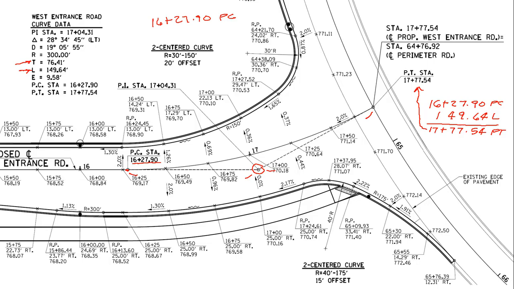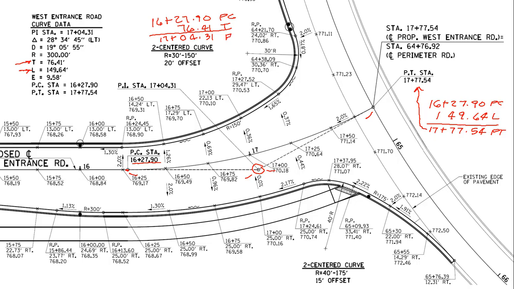We station around the curve, but in order to be able to stake that PI out, we need to know the station on that. So we add our 76.41, which is our T distance, and that gives us our PI station of 17 plus 04.31.